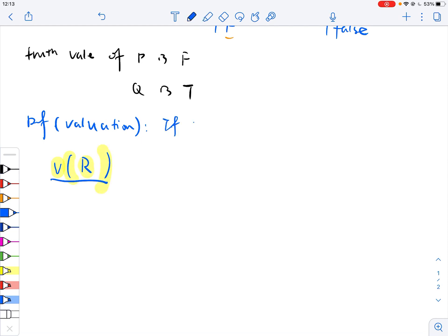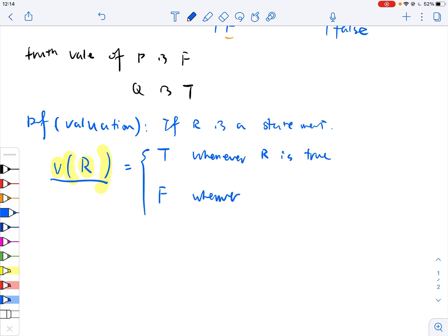So let's say R is a statement. Then the valuation of R equals T whenever R is true, and the valuation of R equals F whenever R is false.